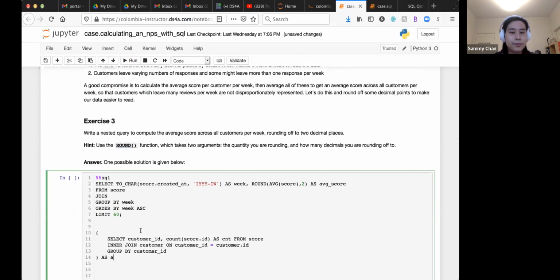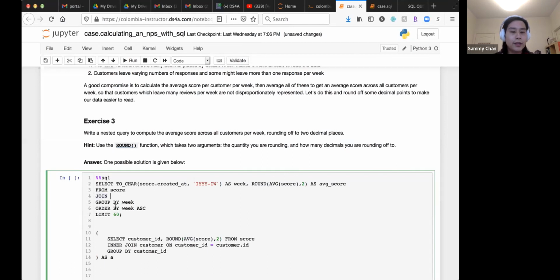Then the next step, of course, would be we need to join the customer ID and select. Then we wouldn't be selecting this. We would be selecting something like this, right?